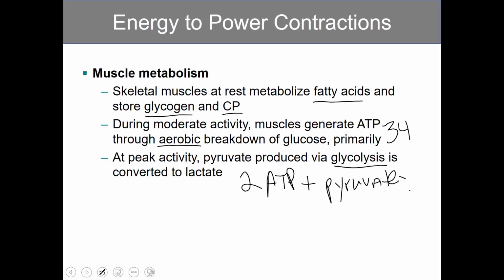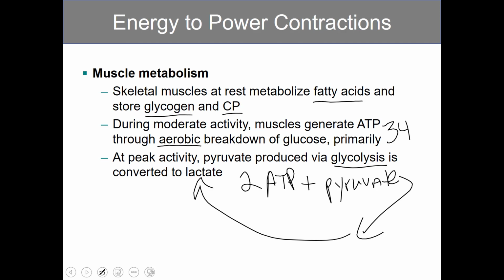And pyruvate is then converted into lactate or lactic acid. Lactic acid is the burn that you feel after a really good workout. And that burn, while we may associate it with positive feelings, i.e., we did really well, it's actually pain caused by changes in the acidity of the tissue.